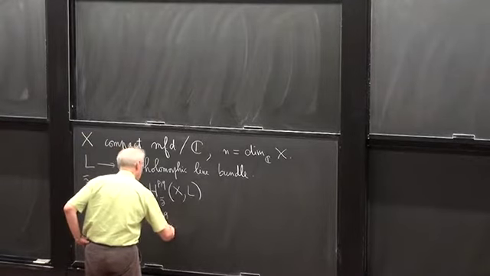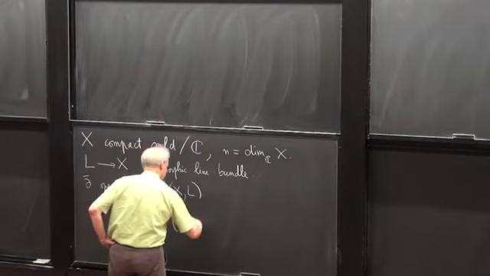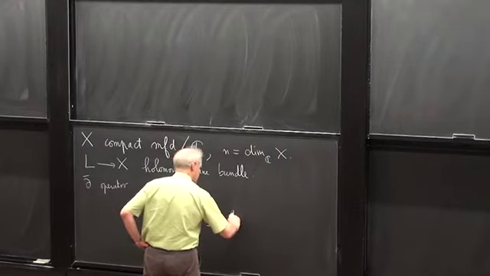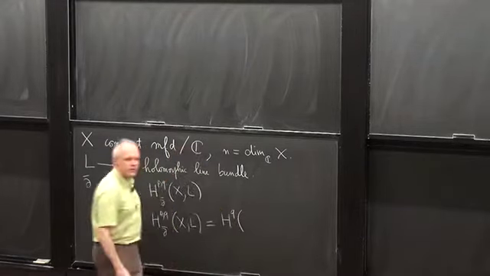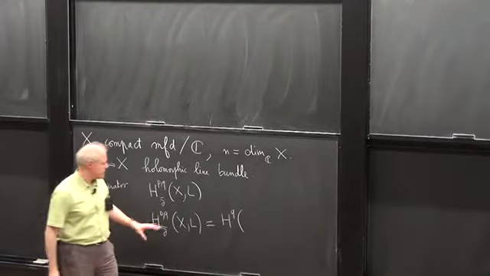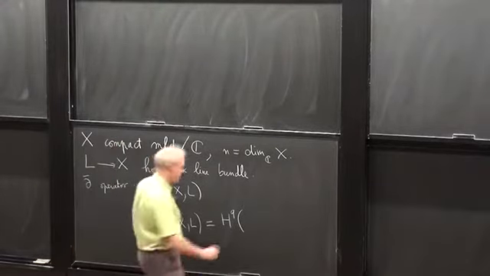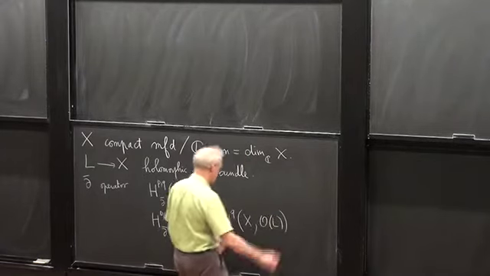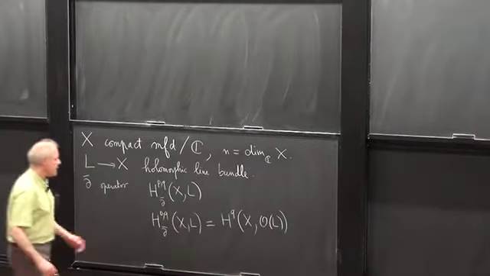It's well known, using sheaf theory, that this is the same as the cohomology of the coherent sheaf of sections of the line bundle L, using, for instance, Čech cohomology or whatever.